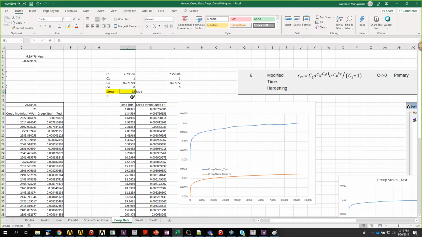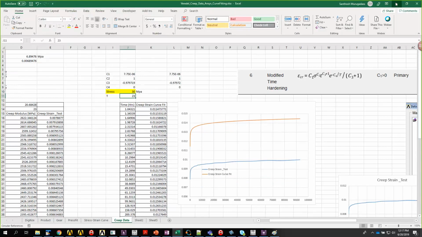If the stress goes up, instead of 20.6, if it goes to 30, this is the behavior. This is how the creep strain will increase for a certain increment of time.